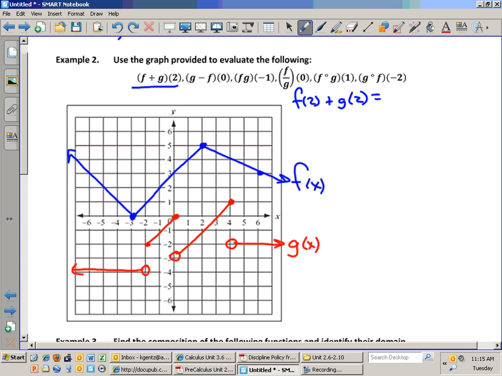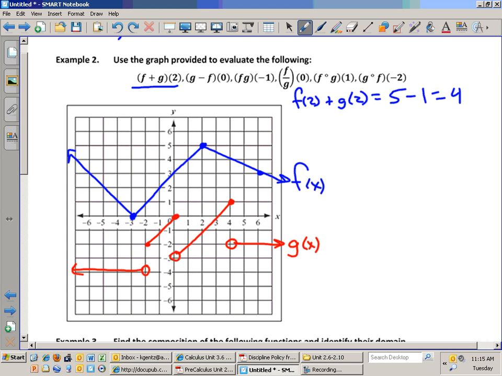What's f of 2? 5. What's g of 2? No, I'm using the graph. So I got f of x here. So f of 2 is 5. And g of 2 is negative 1. 4.